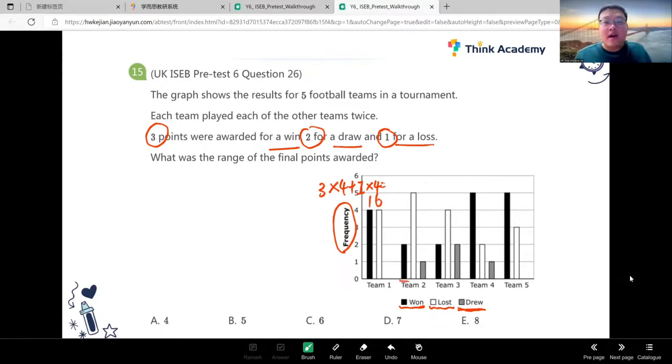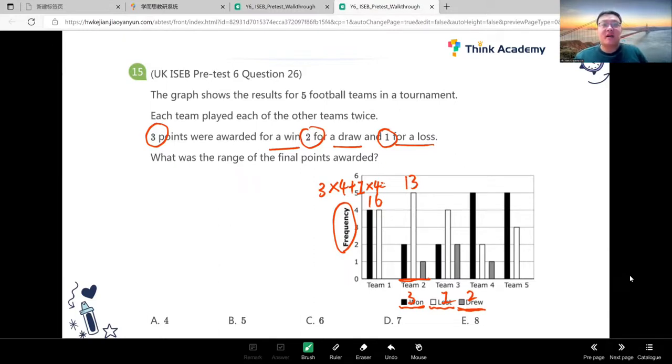So guys, can you help me to get the full marks of team 2? What is the total score, total points that team 2 gets? This means 3, this means 1, this means 2. It's going to be 13, right?